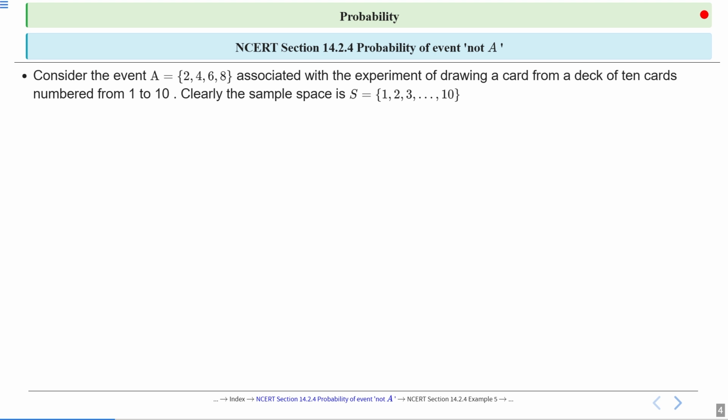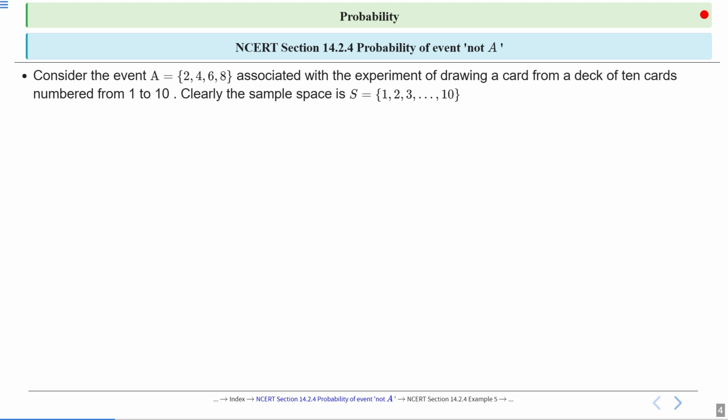For that, we first consider the event A. Event A contains the elements 2, 4, 6, 8. The associated experiment is drawing a card from a deck of 10 cards, numbered from 1 to 10.